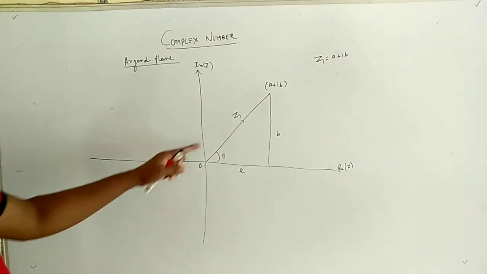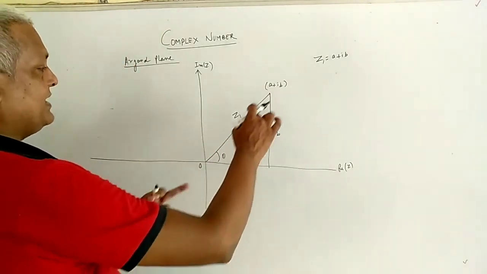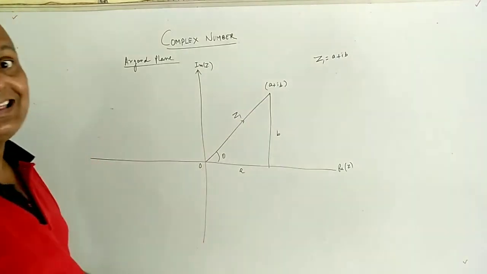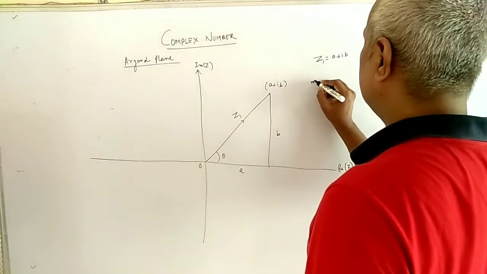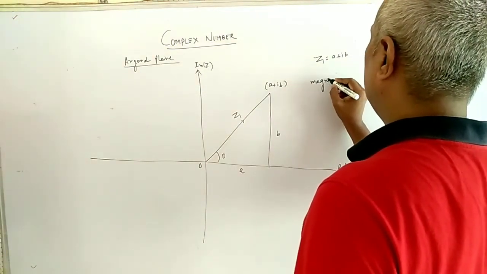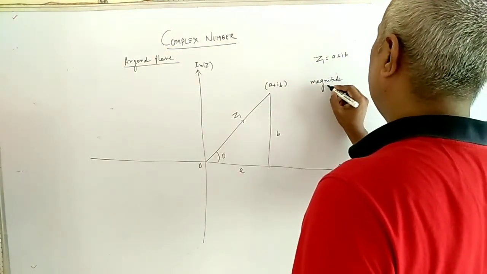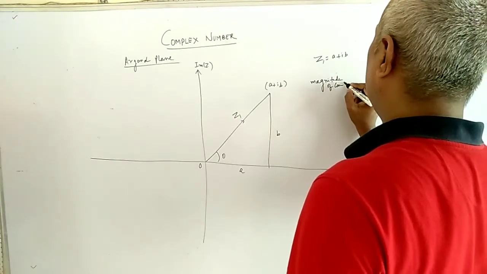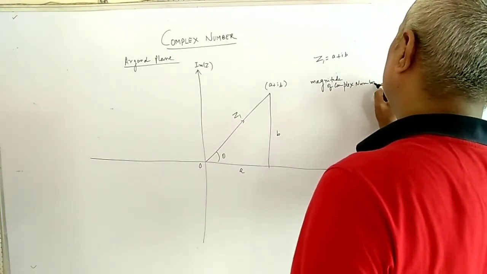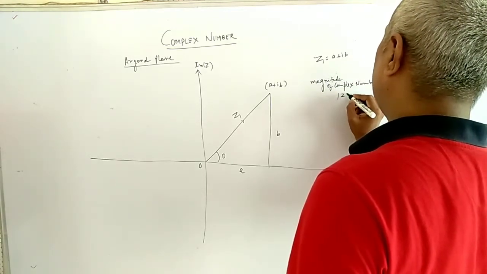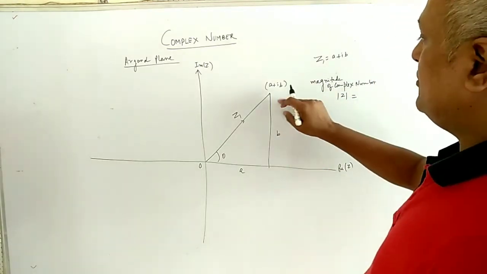Now if you apply the Pythagoras theorem, you can find that this distance is called the magnitude of the complex number, that is mod z, the distance of the complex number.